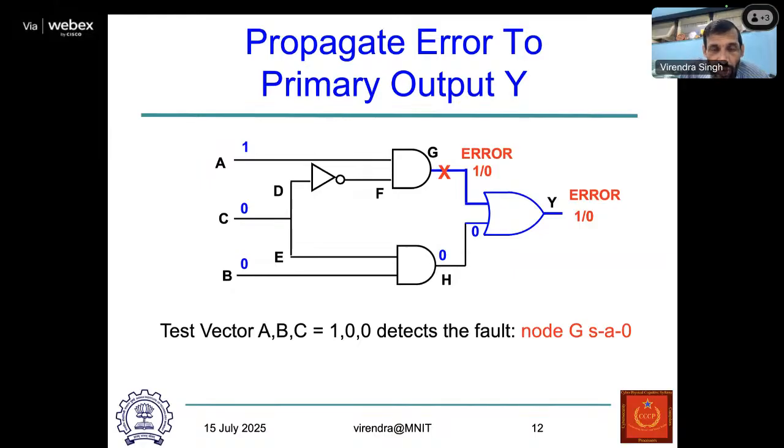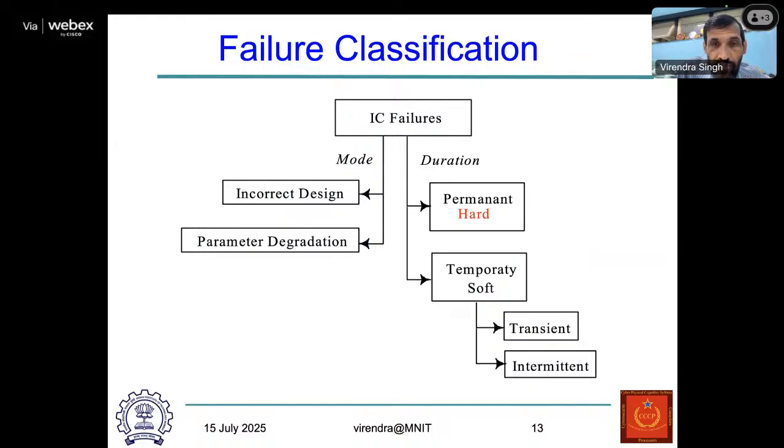So one particular test vector can detect multiple faults, or one fault can be detected by multiple test vectors, and therefore that gives me the opportunity to optimize the number of vectors, that is, how many minimum number of vectors I need to detect all the faults. That's the main task all the time, to minimize the test time that it can incur.